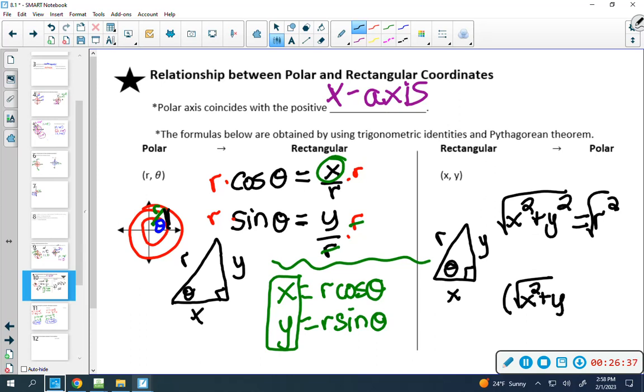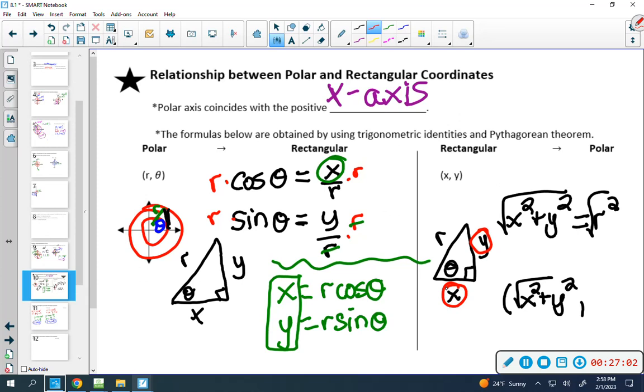Now we still have to talk about the theta part. I can't say I actually memorized that it's the square root of x squared plus y squared. I just do the Pythagorean theorem, because how hard is that? I just old school it. And then we need the angle, using x and y. Which trig ratio could I use to solve for theta with x and y?